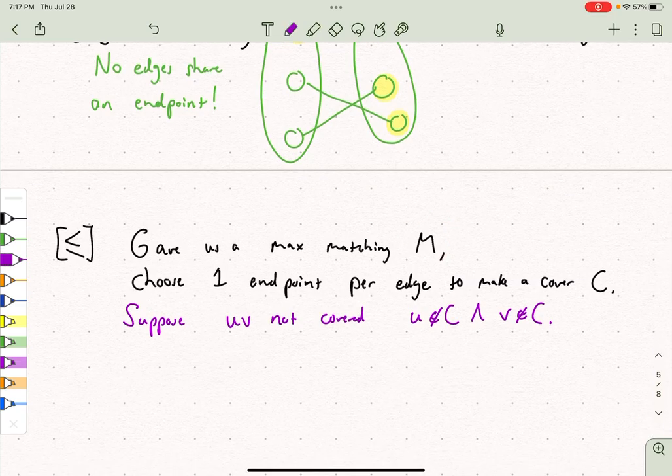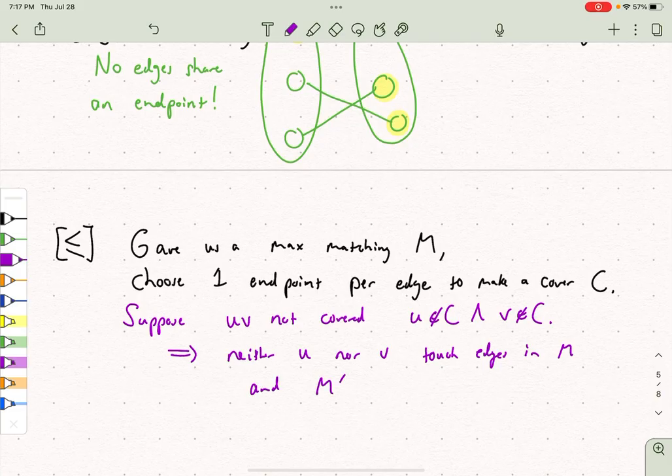So that implies that neither U nor V touch edges in M, and so M prime, which is M union the edge U to V, is a bigger matching.